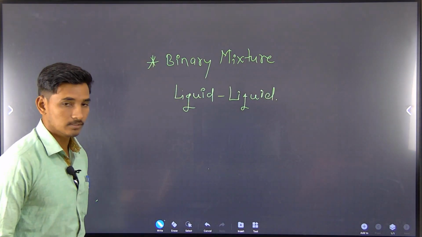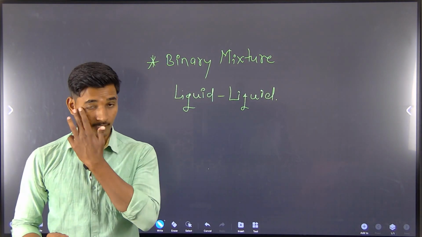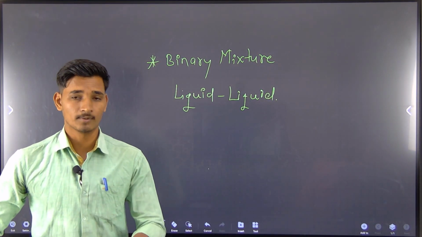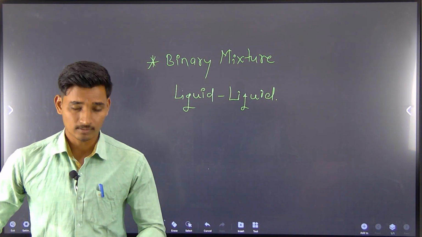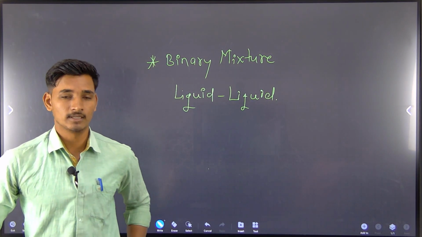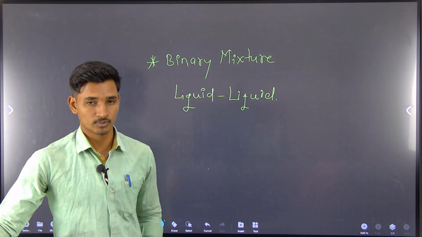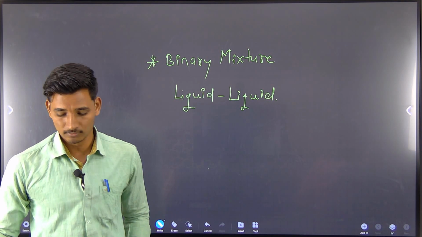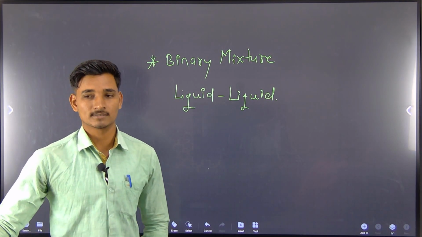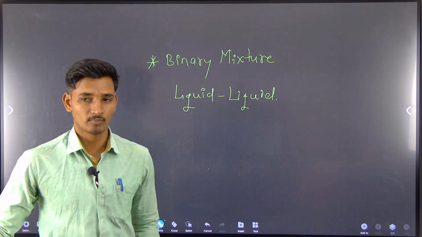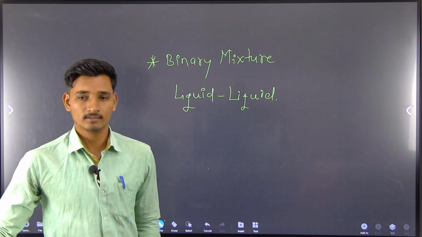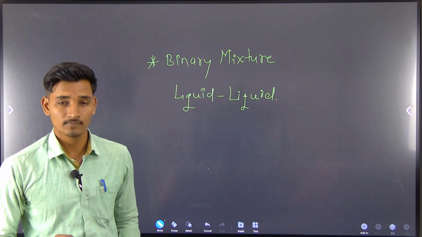First of all, both liquids have different chemical natures and different chemical compositions. Having different chemical compositions, their physical properties are also different. All of you know the different physical properties: melting point, boiling point, density, and some other physical quantities.